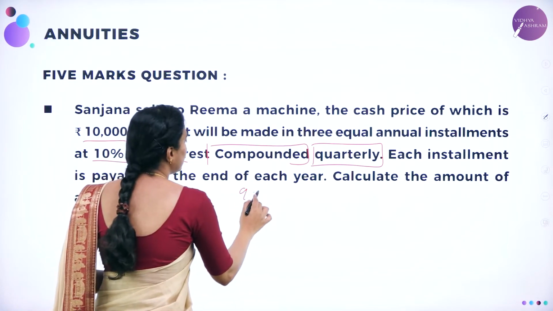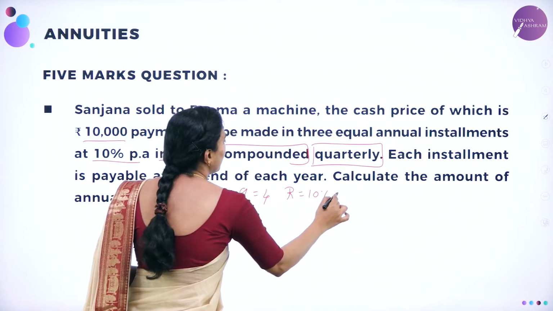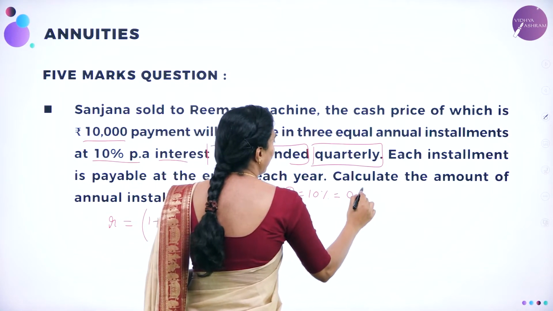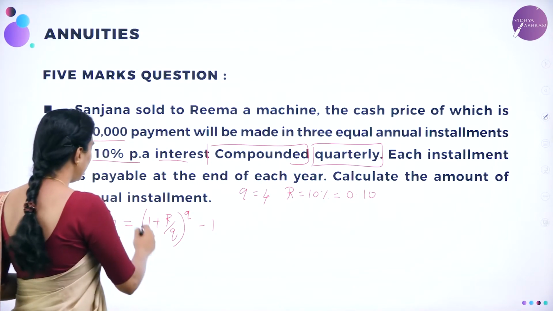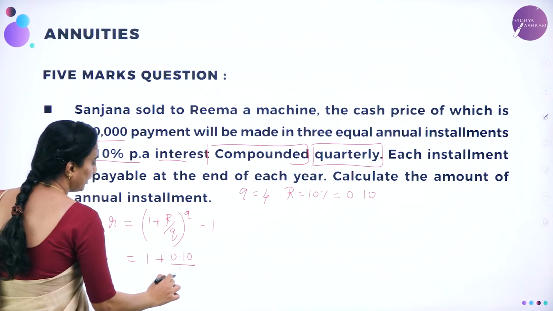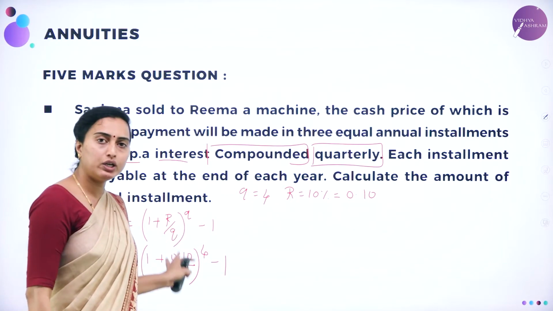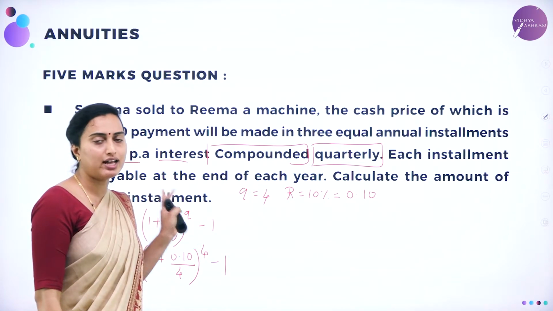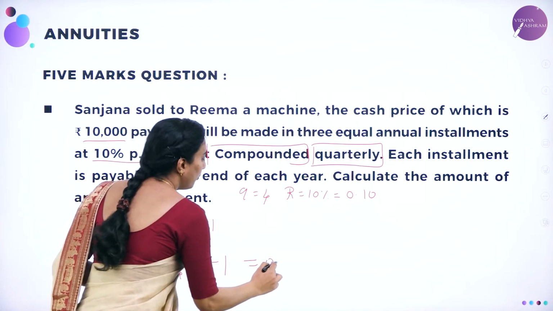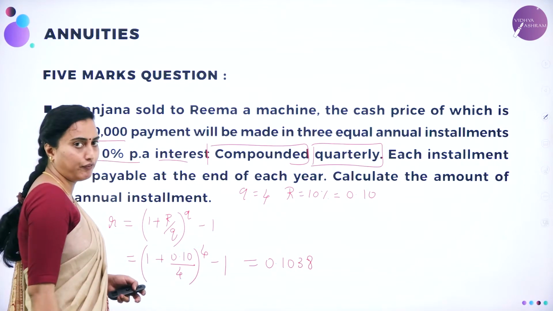So given Q is equal to 4 and capital letter R is equal to 10%, which you can write as 0.10. So therefore here by substituting 1 plus 0.10 divided by 4, whole to the power of 4, minus 1. After doing all this calculation, you are going to get the answer equal to 0.1038. So this is the R, that is the effective rate of interest.